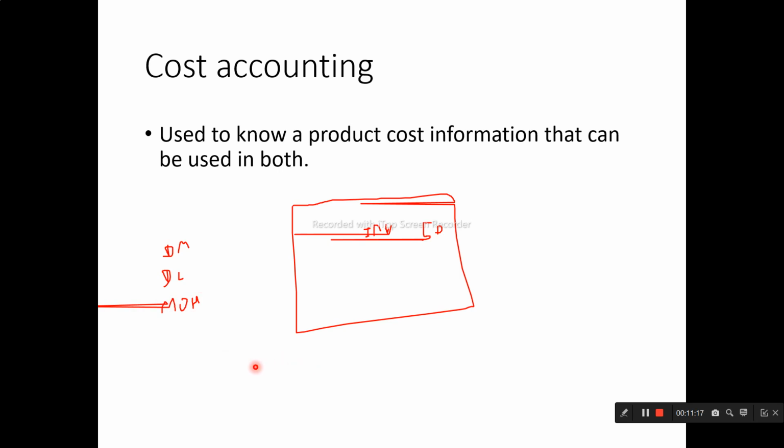But financial accounting might take this final product cost for the balance sheet or the income statement, when it shows cost of goods sold, inventory and other information. It might take information from this final product cost calculated using cost accounting. However, you will not directly present this cost information to external users. It's all about the definition of cost, managerial and financial accounting.